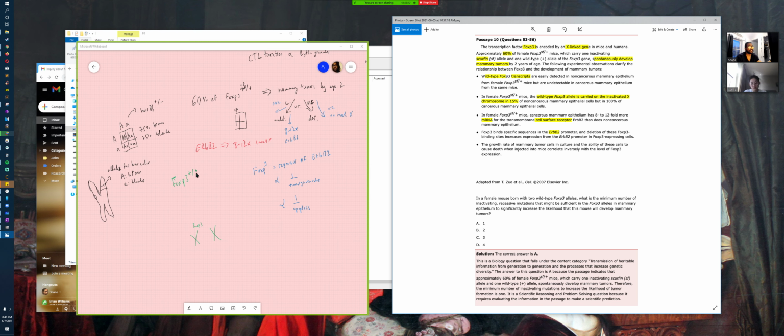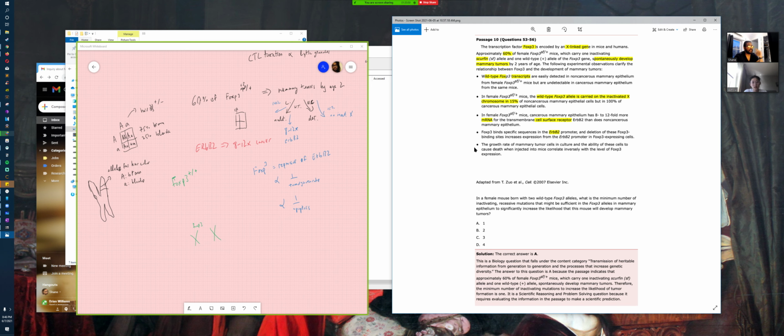The 60% one is just telling us what happens when there's one SF allele. It doesn't tell what happens if FOXP3 plus plus is like 50%.